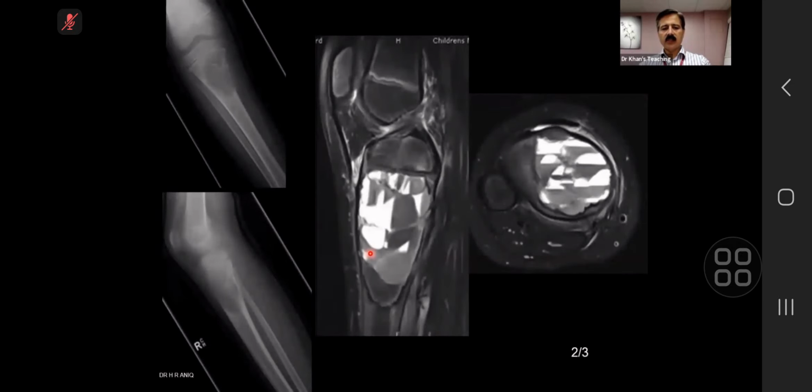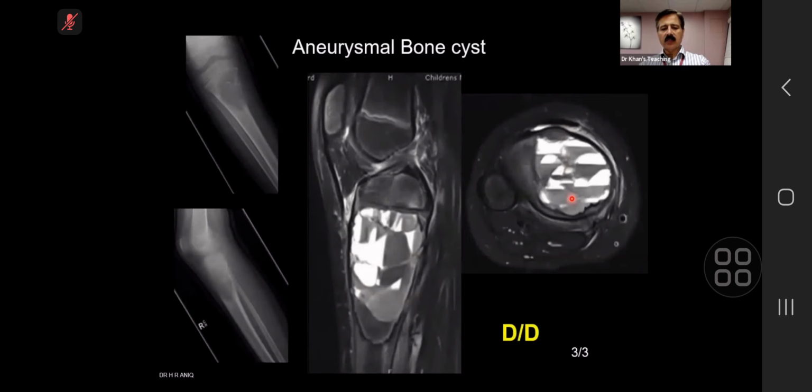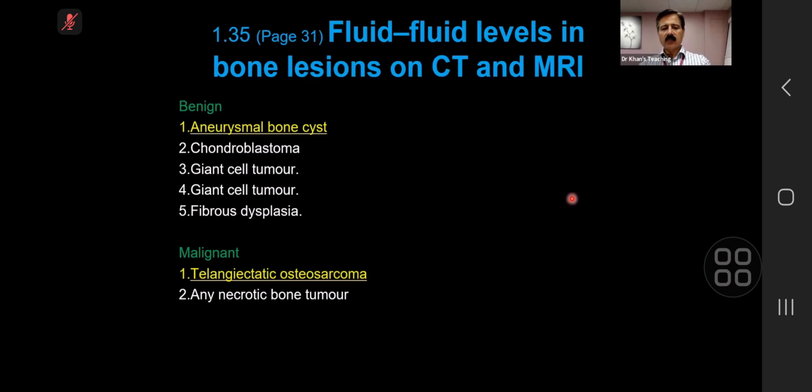This is another case where we pick up multiple fluid levels, and that means we clinch the diagnosis. And in your book is a differential diagnosis. Fluid levels in bone, in CT and MR, these are the lesions, benign, malignant.